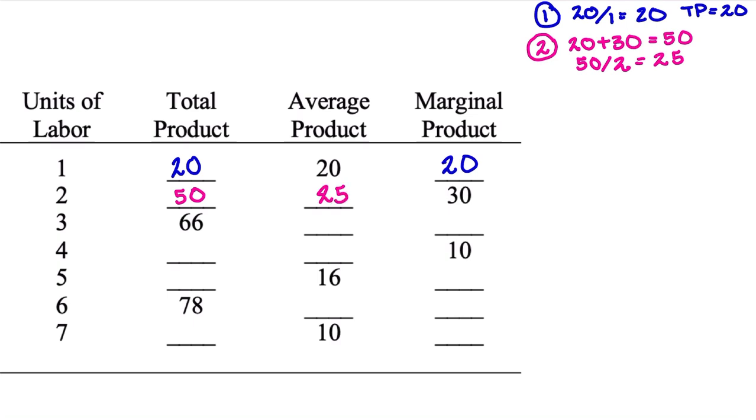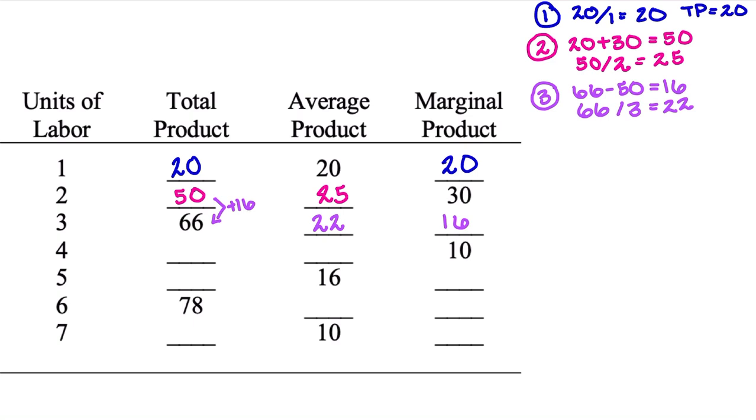Next one, our total product is 66, which means from here to here we went up by 16. So our marginal product is 16. So 66 minus 50 gave us 16. And then 66 divided by 3 will give us our average product of 22.